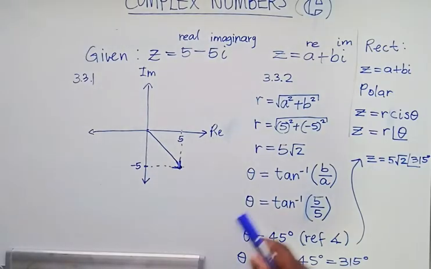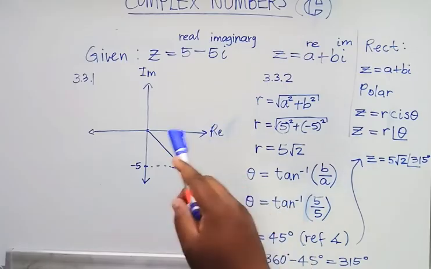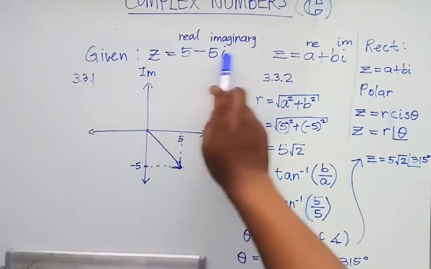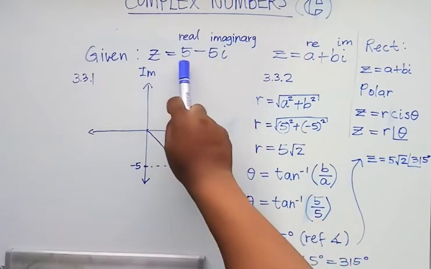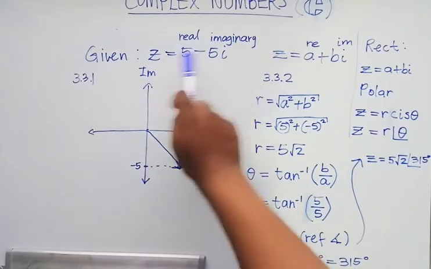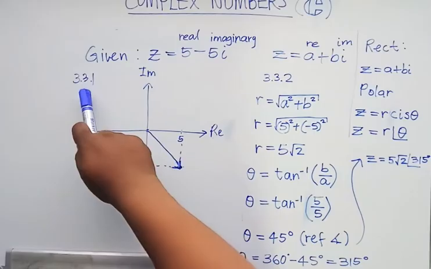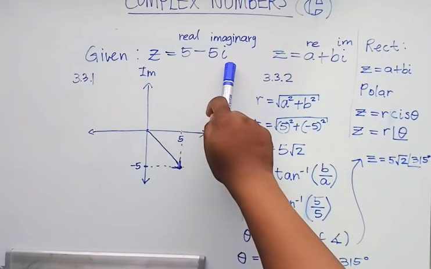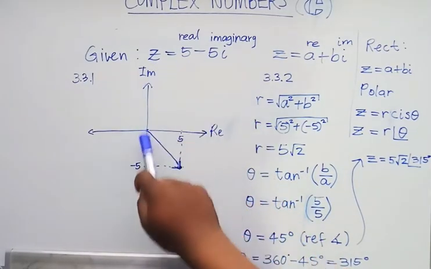Just to recap quickly, the first question, we're given this complex number Z equals 5 minus 5i, and the first question said we should represent this complex number in a complex plane.